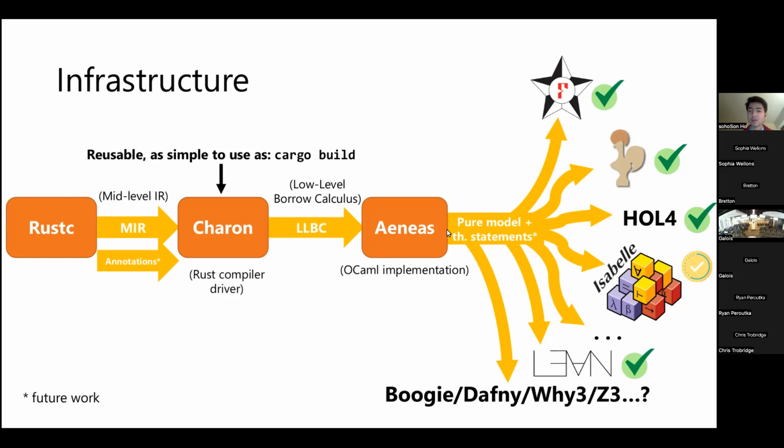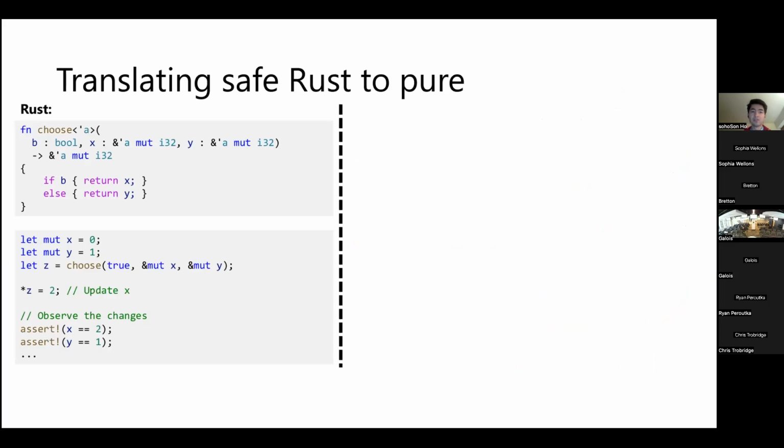Now, a very important question is, what does the pure model that we generate look like? Because I didn't mention it, but in the subset of Rust that we support, there are things like mutable borrows, for which the translation to a pure model is not obvious. So I'm going to explain on a very simple example, which is this choose function.